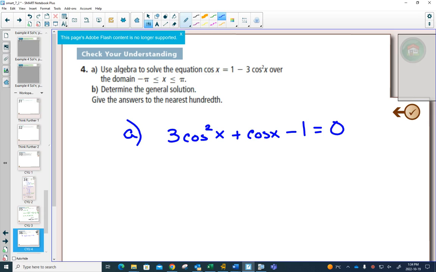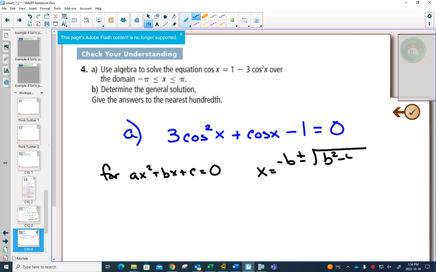So you would go to your formula sheet, and on your formula sheet it says, for ax squared plus bx plus c equals 0, x is equal to negative b plus or minus the square root of b squared minus 4ac, all over 2a.